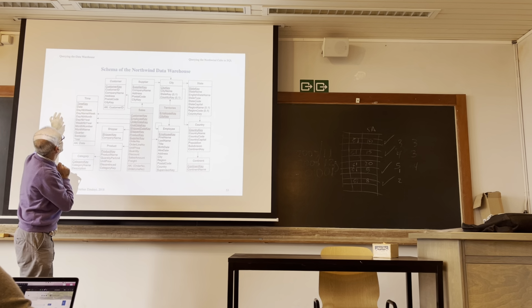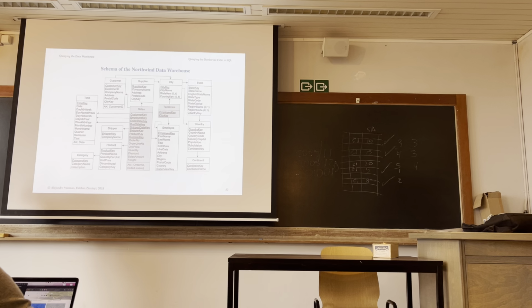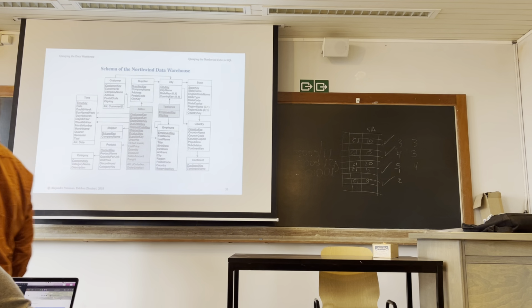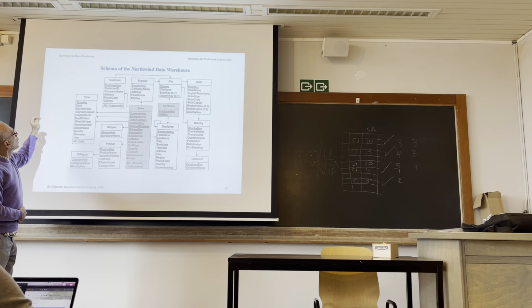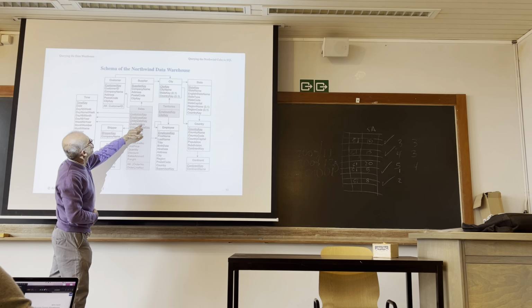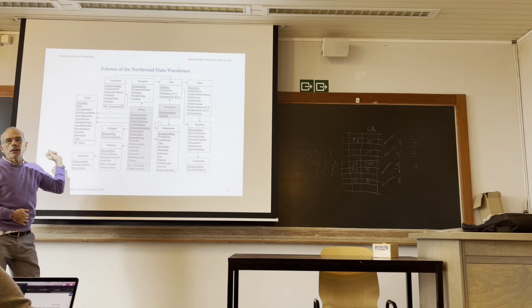We have three foreign keys to the time dimension, which nowadays we would rename the date dimension. One is for the order date key, one for the due date key, and another for the ship date key.